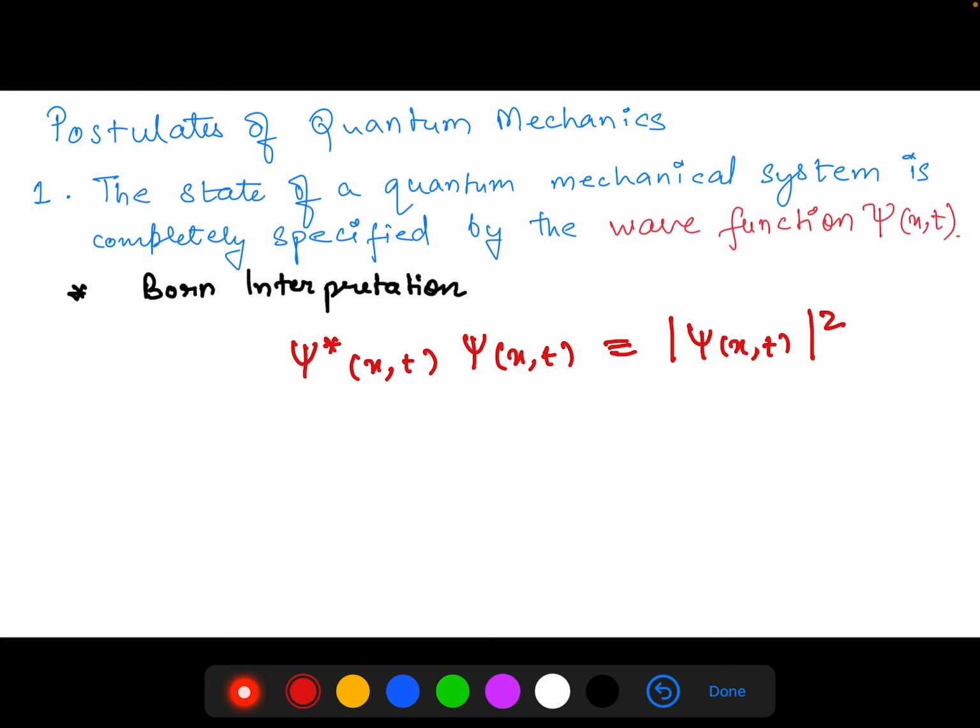So this is what we call the Born probabilistic interpretation.